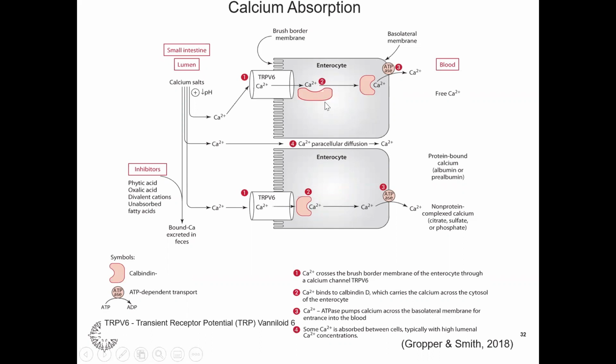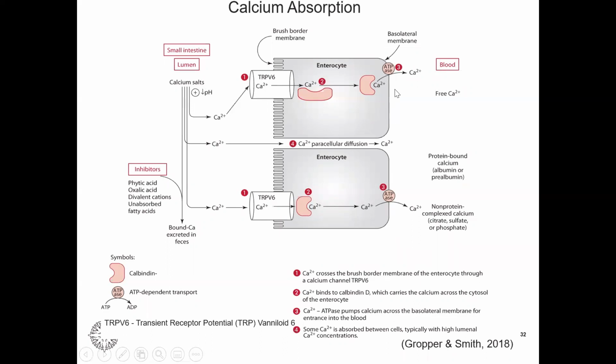It has a ferry for itself, called calbindin. This is the second step where vitamin D supports calcium absorption, because it increases gene expression or transcription for making calbindin. If I am low on calcium, I am osteoporotic, then vitamin D will ensure that my body is manufacturing more calbindin, so that even if small amounts are coming in, there are enough transporters to carry it across.